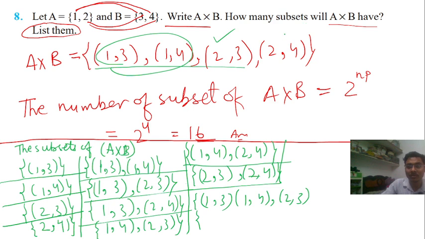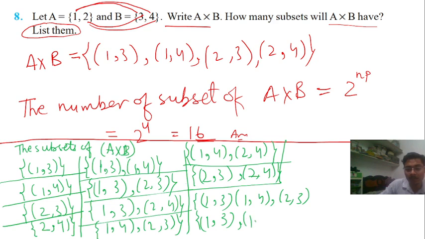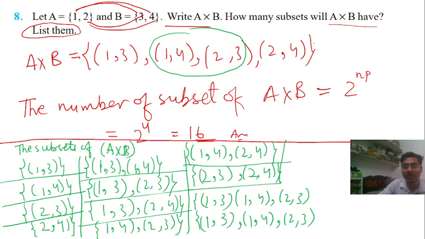So we will get 4 subsets from here also. Okay, so 1 comma 3, 1 comma 4 and 2 comma 3. Now we will use this as fixed and this has to be changed, because we already took this with this in our previous set, so we will take this with this only.